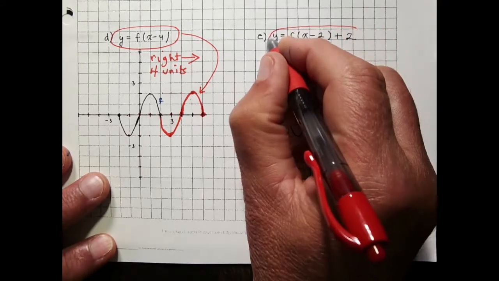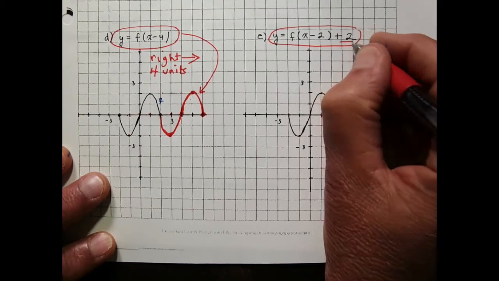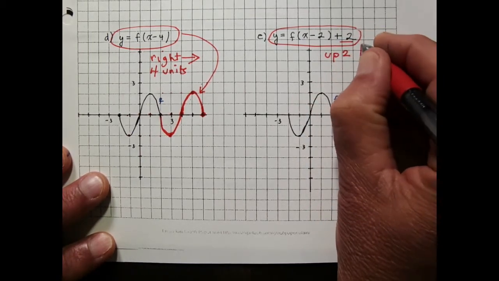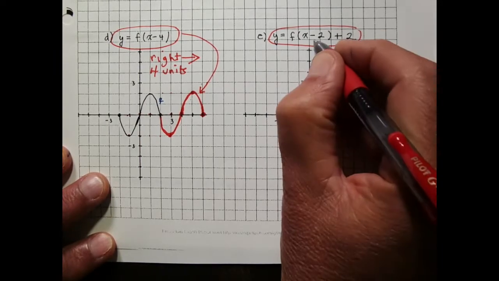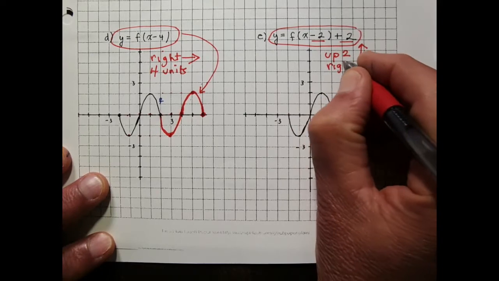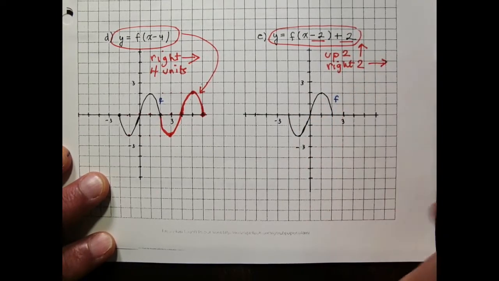So here we got two things going on, right? Outside we have plus 2, so we have to shift up 2. But then inside we have the minus 2, so we also have to shift to the right 2 that way.